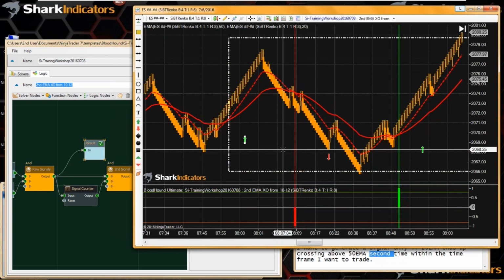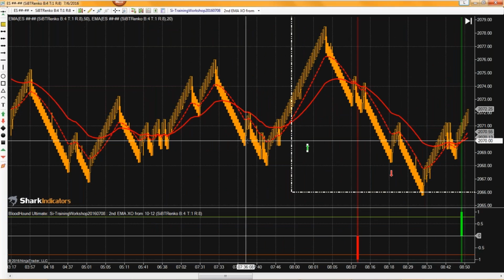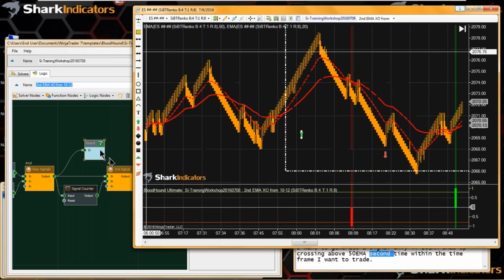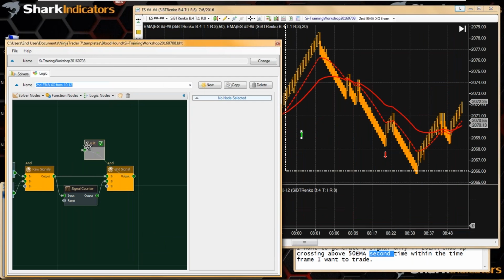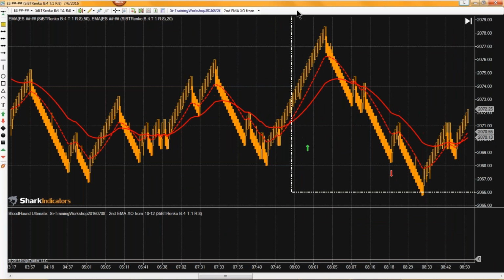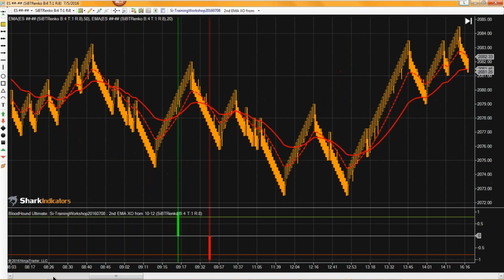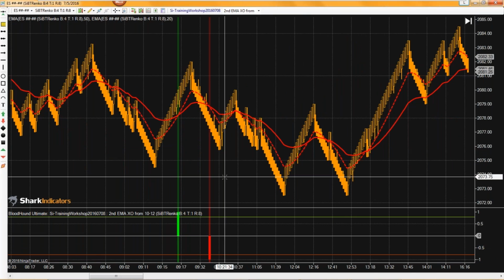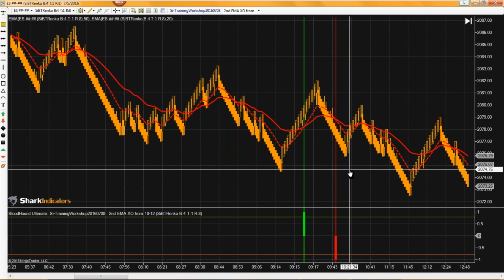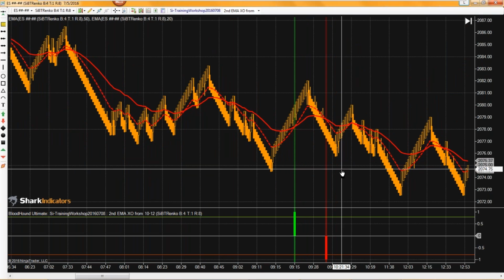So, let's see if I can find another day. Let me just connect this up correctly there. And I'm just going to scan through the chart, see if I can find, great. We lucked out again. Here we go. There are some more signals on another day.